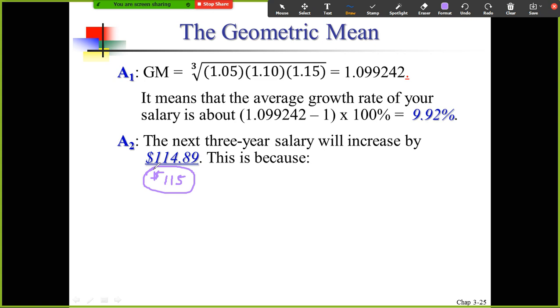During these 3 years, from today to the next 3 years, our salary will increase by a total of 115. 115 is not only the increase of 1 year but of 3 years together. That's why you want to see how much the first year increases, the second year, the third year. Adding all these 3 years' increases together, we will get 114.89 or 115.